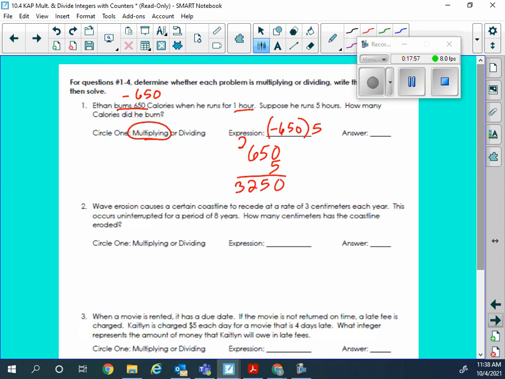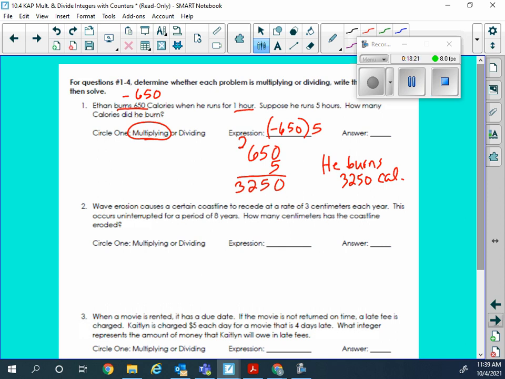I learned something about like 3 minuses equals to like negative. Okay, so guys, what's the answer to this question? Oh, burns 3,000. Okay, so I could say he burns 3,250 calories. What about in this blank right here?